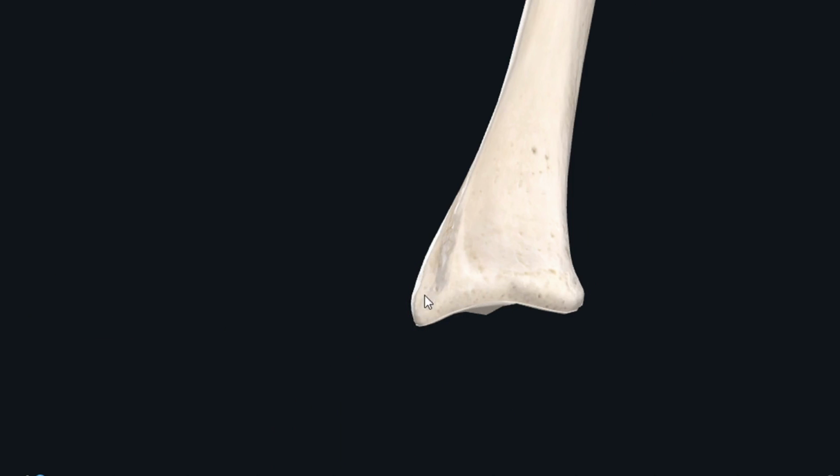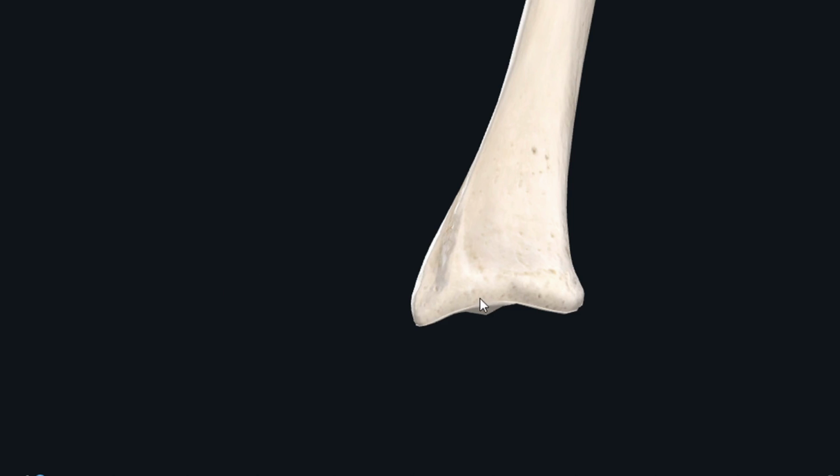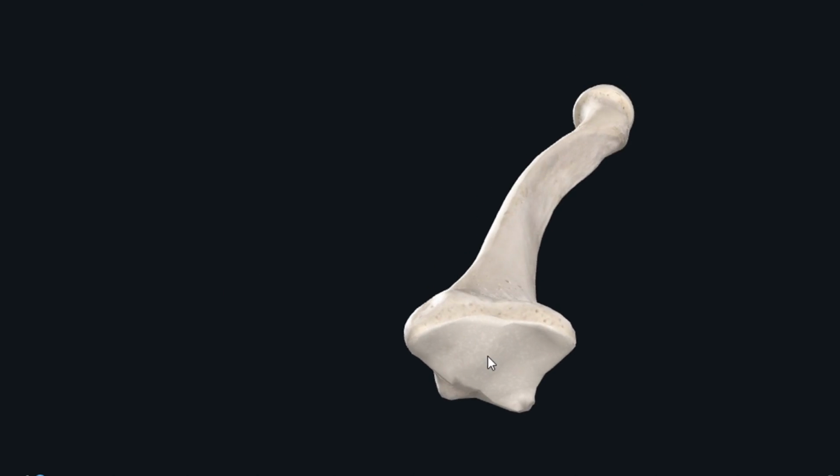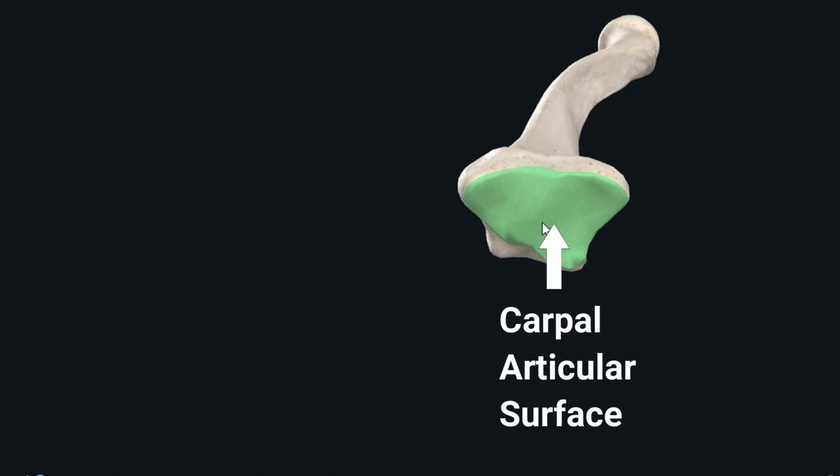This distal projection from the lateral distal aspect of the radius is known as the styloid process. The distal surface of the radius constitutes the carpal articular surface.